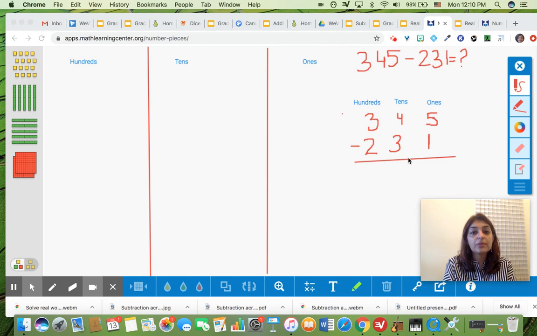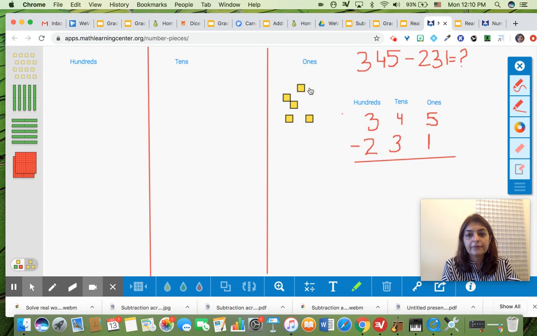This problem does not require any regrouping in terms of ones. Well, that's the first step, because I see there's a greater number on the top. So I need 5 ones. Let's pick 5 ones. 1, 2, 3, 4, 5.